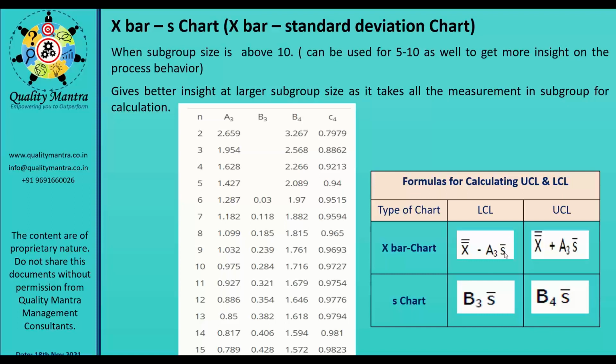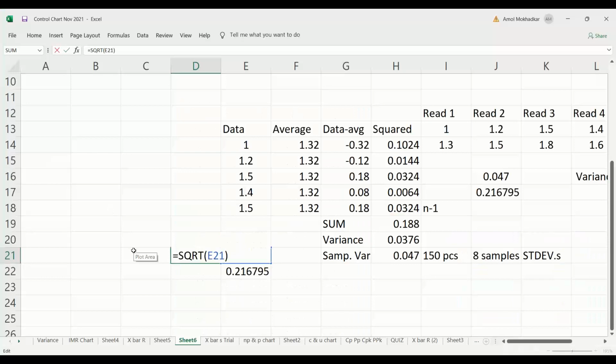Instead of R bar, you use S bar. Here you are not going to calculate the range, you are going to calculate the standard deviation, and the averages of the standard deviation become the S bar. Got it? So now let us go to the Excel sheet and start preparing the control chart.